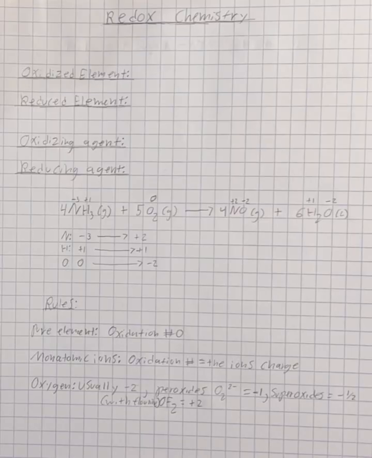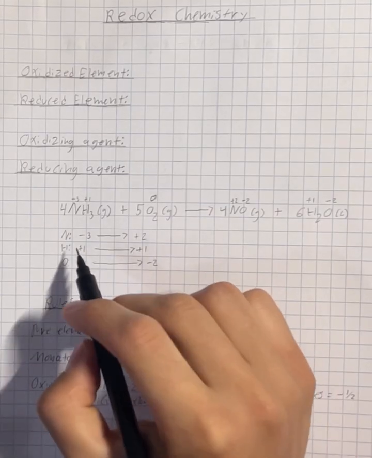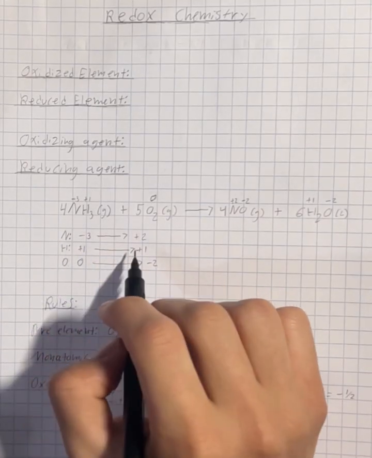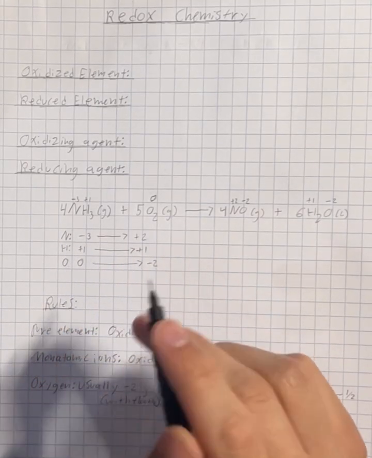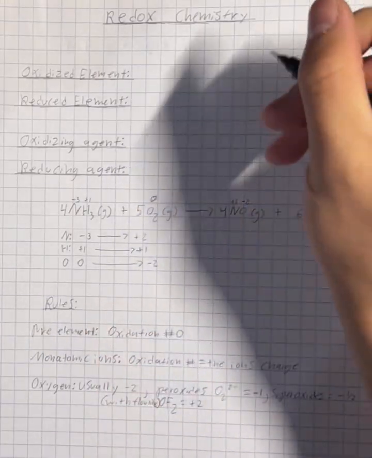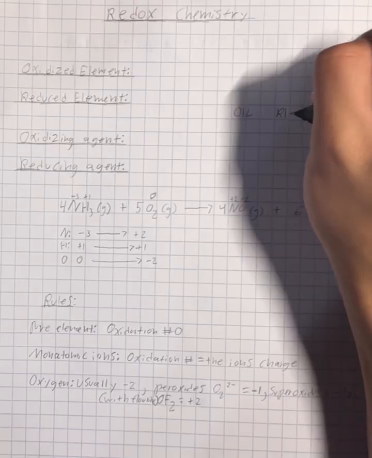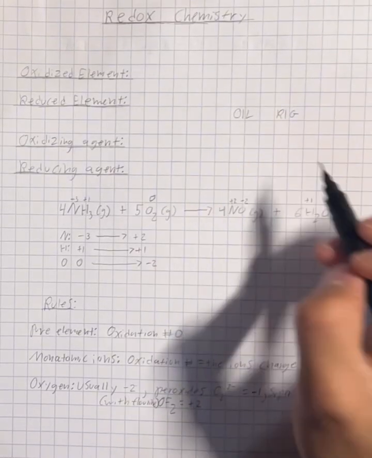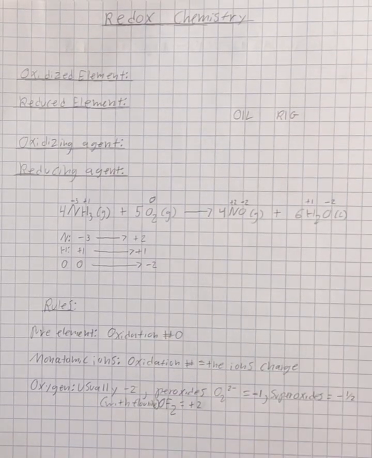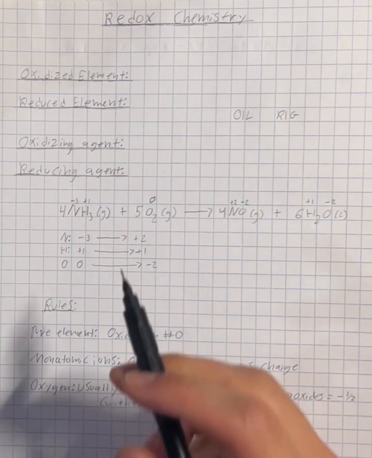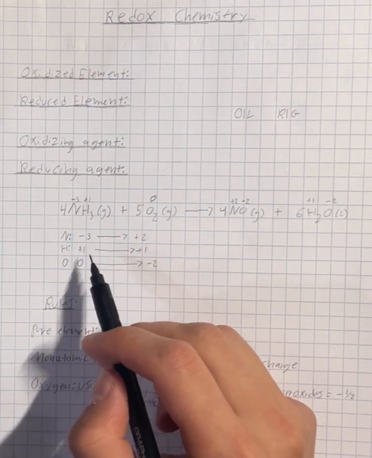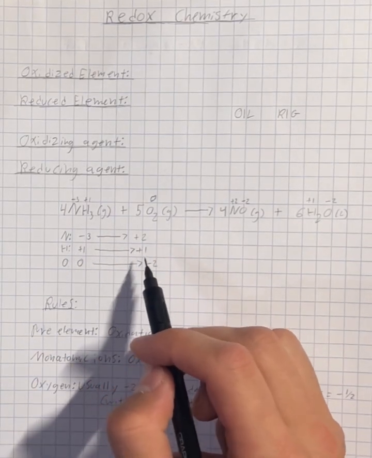So now, how do we determine which element was oxidized and which element was reduced? When you're looking at nitrogen in this case, from -3 to +2, firstly, let's write down real quick, I'm sure a lot of you guys are familiar with OIL RIG. Oxidation is loss, reduction is gain. So in this case, nitrogen is going from a -3 to a +2.